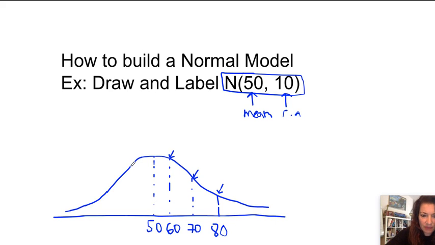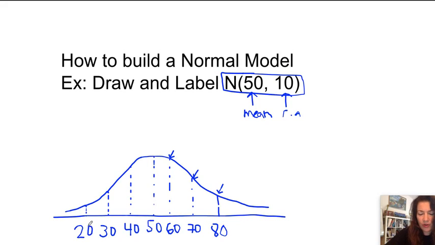I'm going to do the same thing on the left. So approximately here, this would be 40. And I'm just going to keep counting 10. So right here, I'm going to say 30. And then one more. This will be 20.